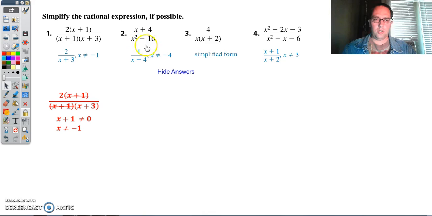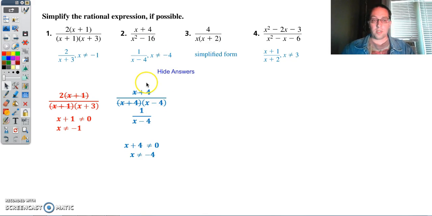Number 2, the denominator is not factored, so we need to factor that. Well, that's the difference of squares, x squared minus 16, so that's x plus 4 times x minus 4. And now you see they both have an x plus 4, so we can take those out. Now, we can't leave the top empty, right? We can't just put a 0 there because there is stuff there, so it's not 0.